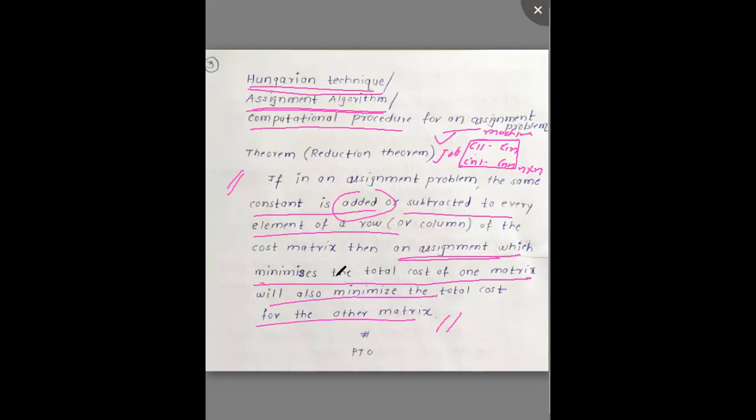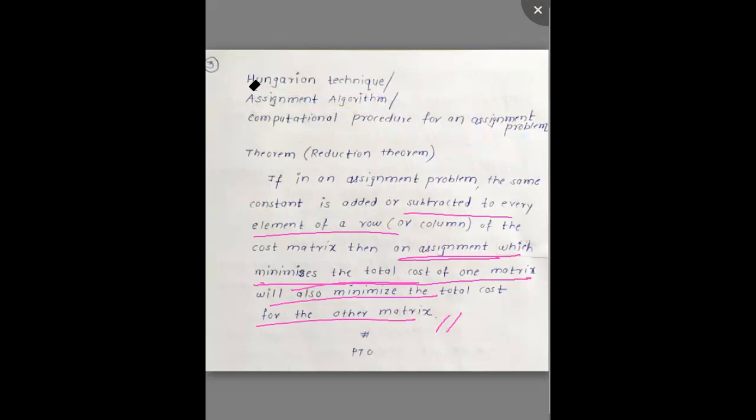So the theorem says that an assignment which minimizes the cost of assignment for this matrix will also minimize the cost of assignment for the second matrix. That means the solution in both cases will be the same.